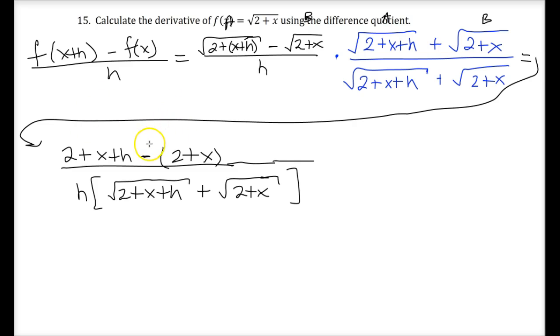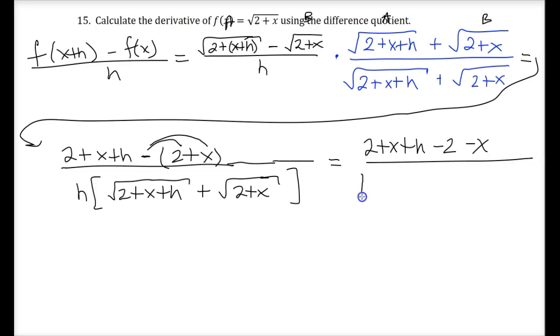And so now, in our next step, we're just going to distribute our negatives across both of those terms. Whenever you're multiplying this, please be careful that whatever the second term is, since it's minus, make sure to put the parentheses around it all so that you remember to distribute. So we have 2 plus x plus h minus 2 minus x, all over the same thing we had in the denominator last time.